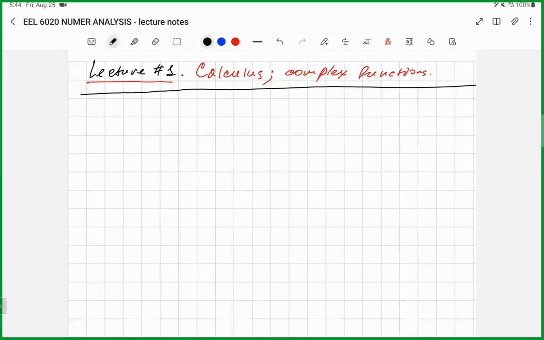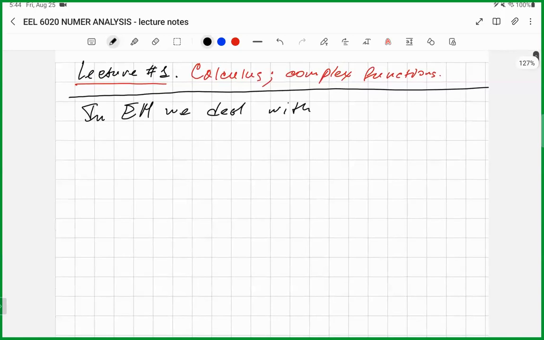Let me write this down. In electromagnetism, we deal with math objects of different kinds.